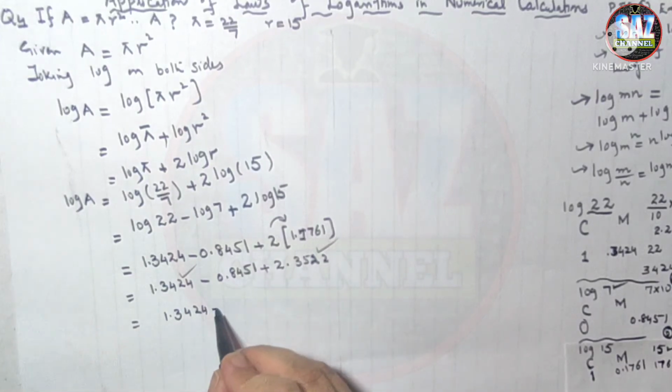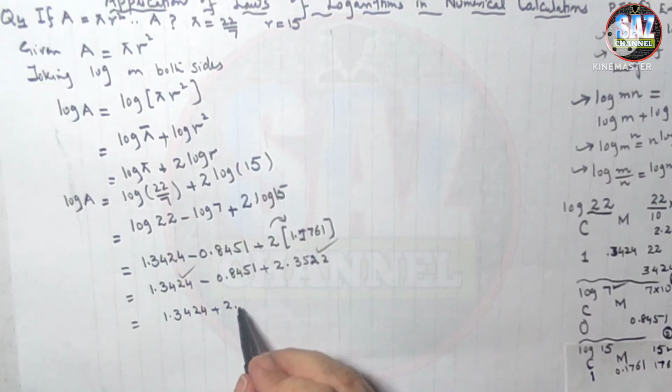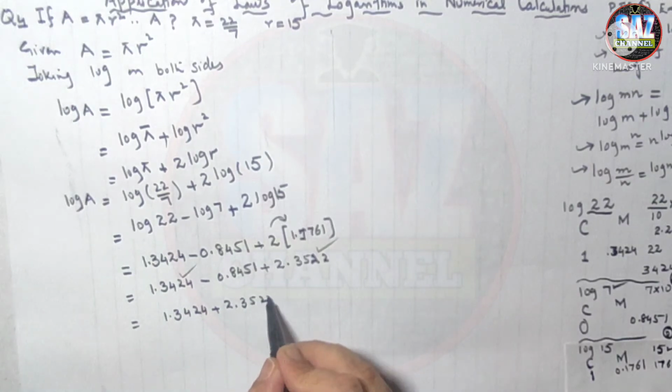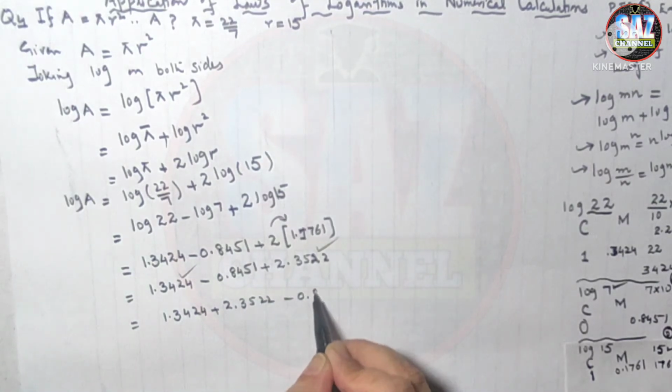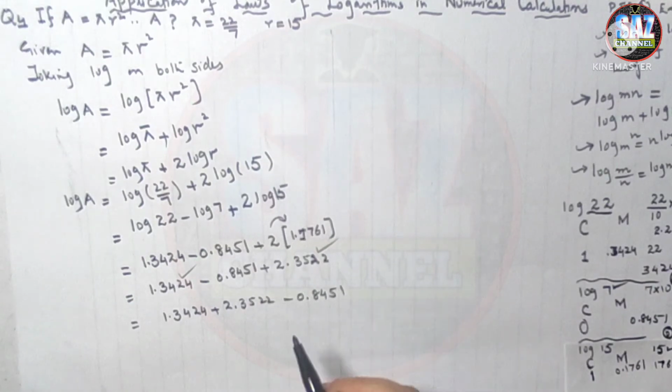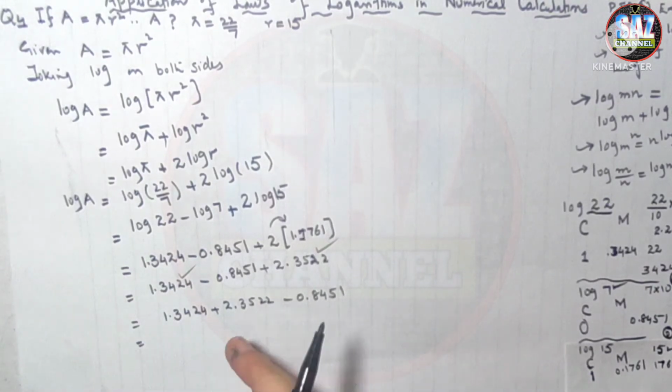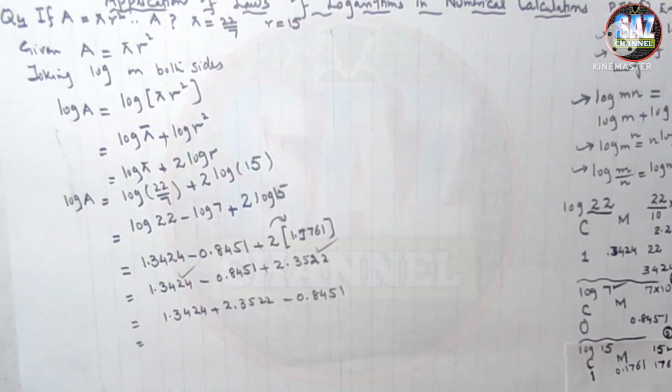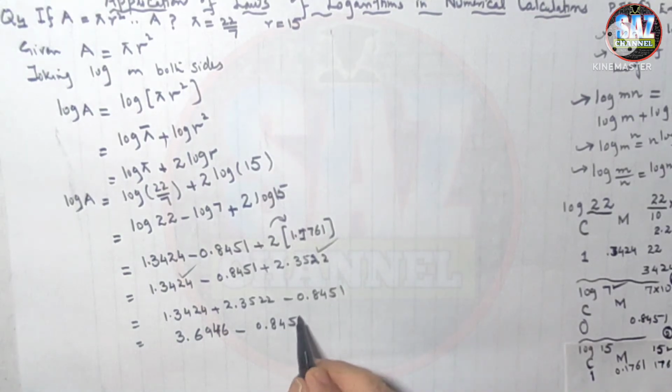1.3424 plus 2.3522 minus 0.8451, 2.3522 plus 1.3424, and this gives me 3.6946 minus 0.8451.